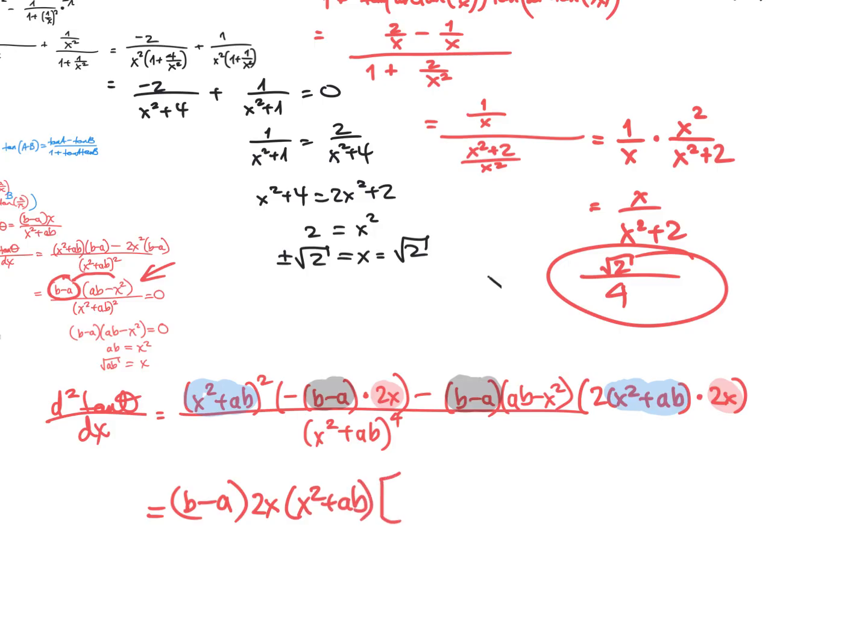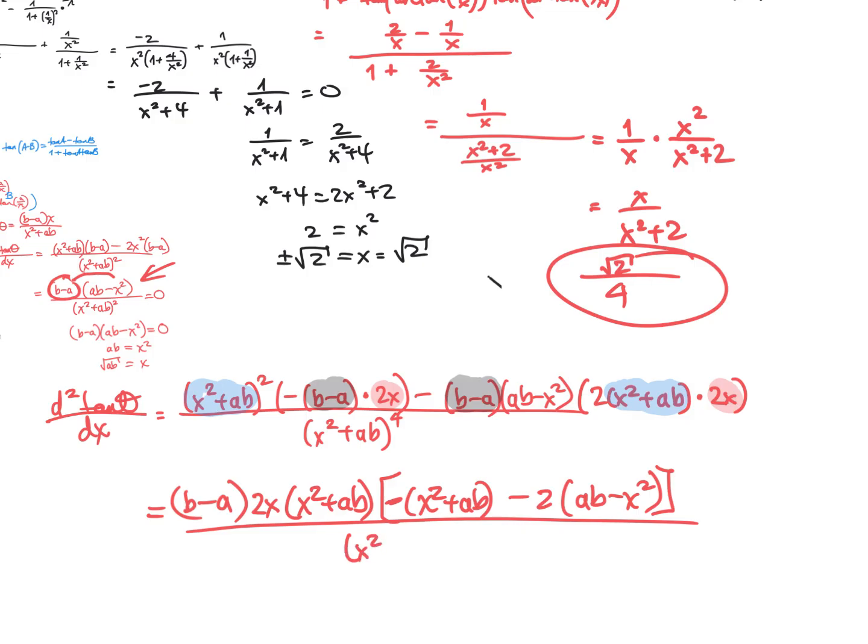And then on the inside, we're going to have another x squared plus AB. We need one more of those, and negative that, and then minus 2AB minus x squared. And then that's all over x squared plus AB to the fourth.